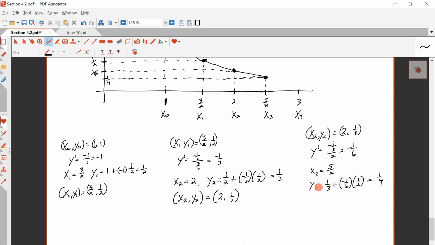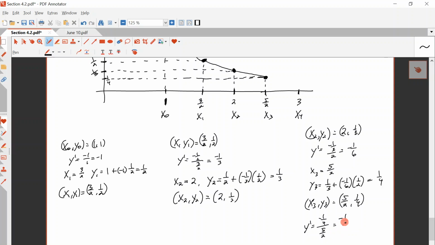All right, last one. So this was x3, y3, which is equal to 5 halves, 1/4. So first of all, y prime is equal to minus a fourth over 5 halves.